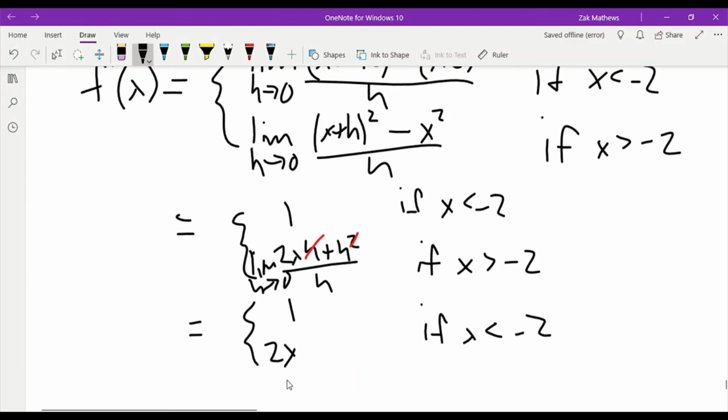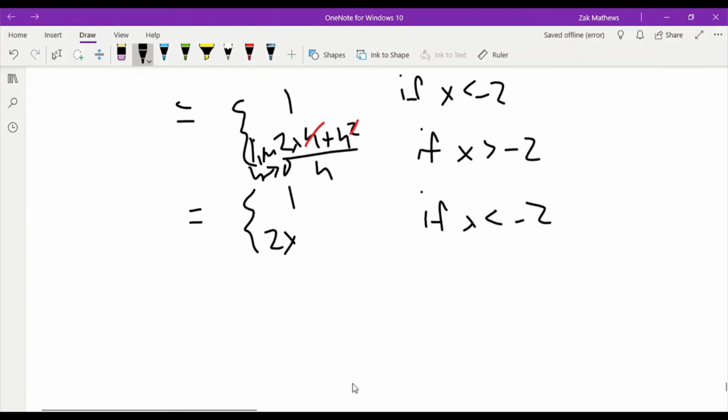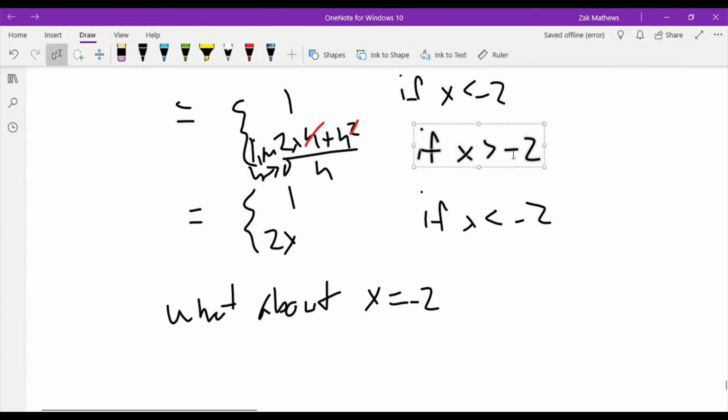But what I really care about is what about the negative 2? I've found the slope equations for both the line and the curve. Let me clean this up a little bit.